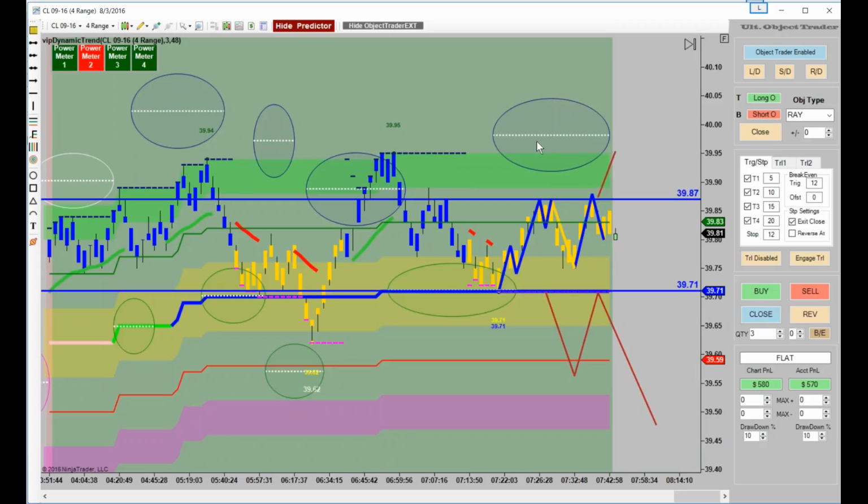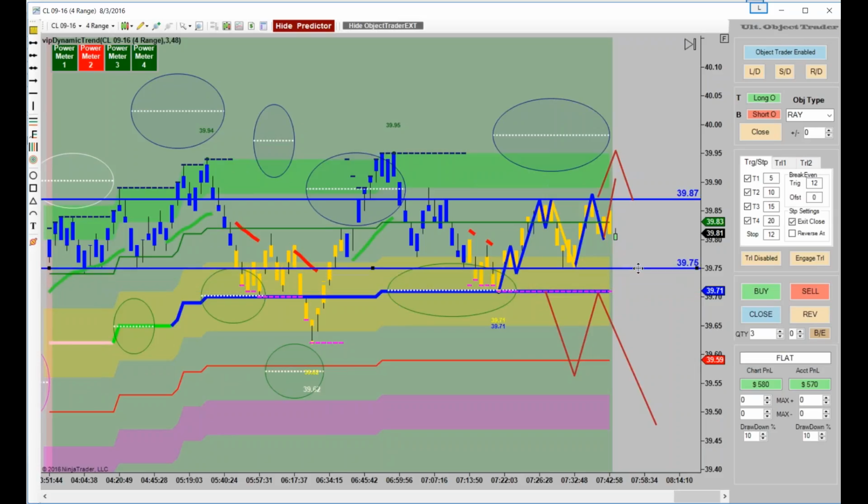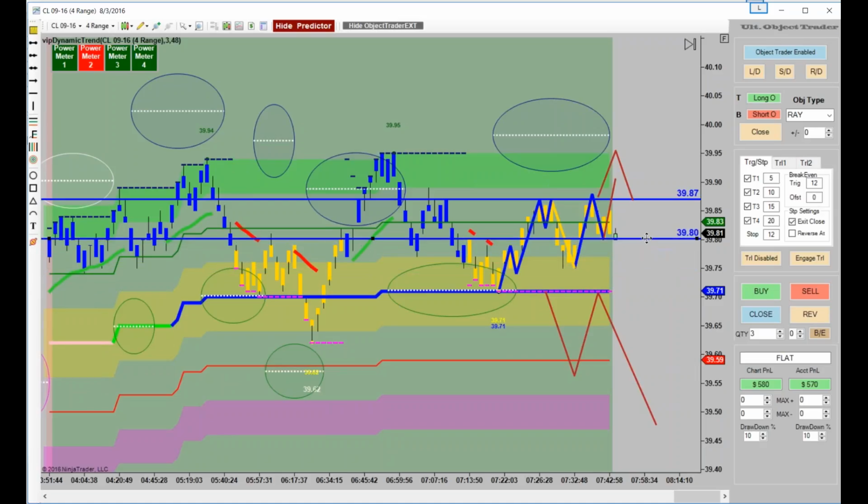And then this would be if it does this above it. Thrust, kiss. And the kiss could be anywhere. Let's say that this broke up right here. Let me draw a little line and show you what it could do. Let's say this broke up like this. Well, then you know this is your identified swing, and this is your secondary. So if they're going to head up, they can't take that out. So where I would be looking for a trade, if they thrust it up, they'd be breaking this.